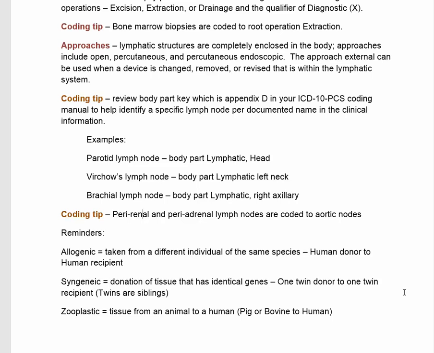It could be a family member, it could be a total stranger donating to another person, human to human donation. A syngeneic transplant is a twin. It has to be a twin, as in sibling. And xenoplastic is tissue from an animal to a human. Typically it's pig or bovine to human.